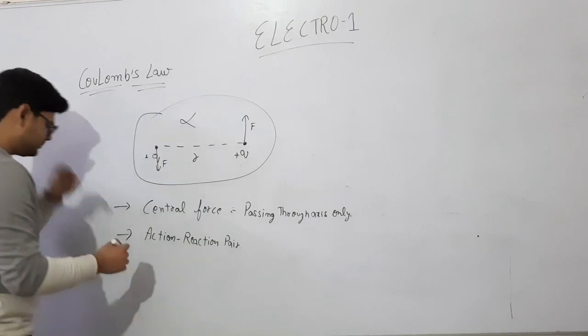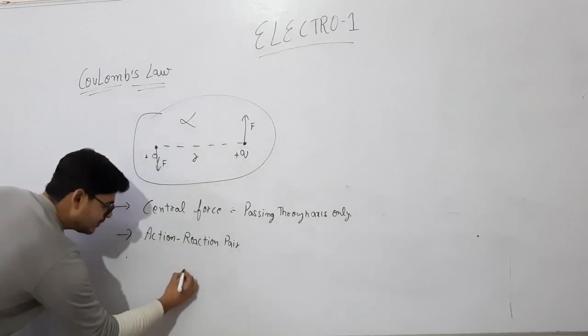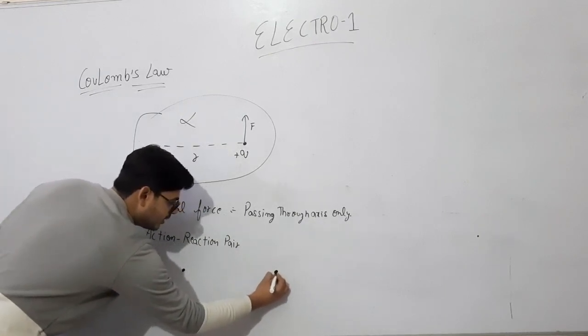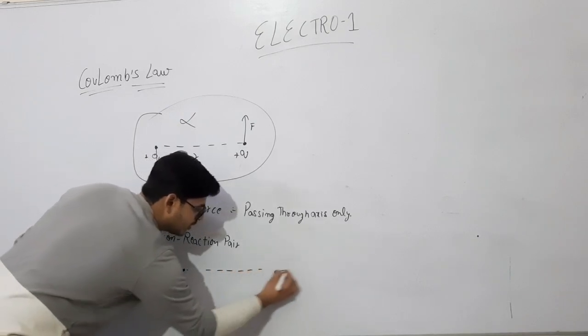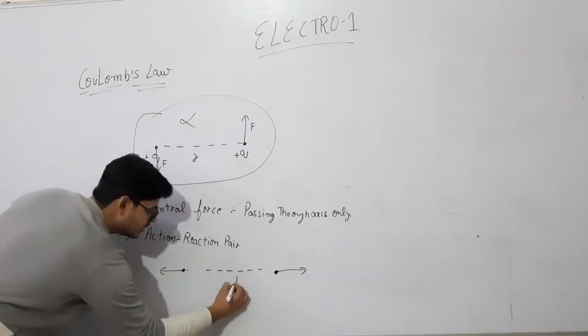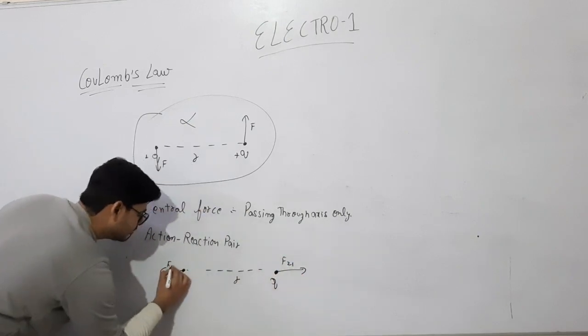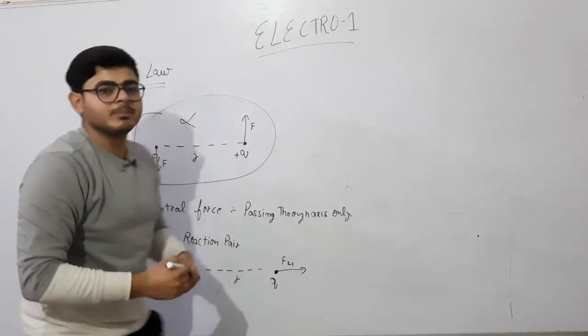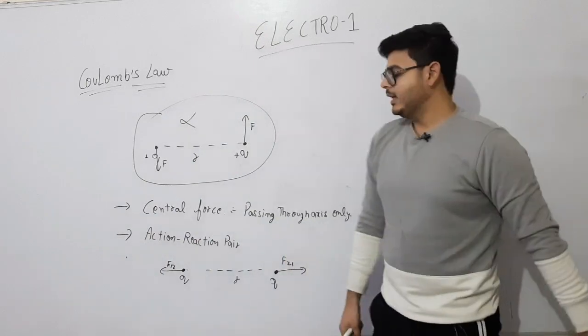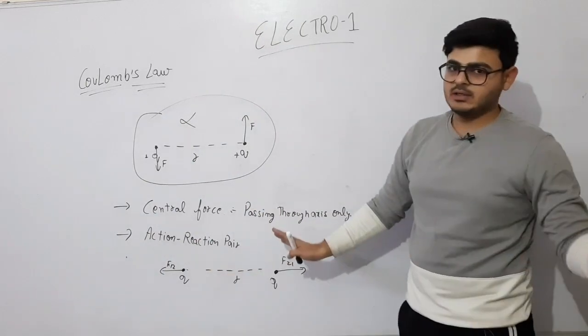What these two properties mean is simply what we have drawn, the forces F21 and F12 between the charges.